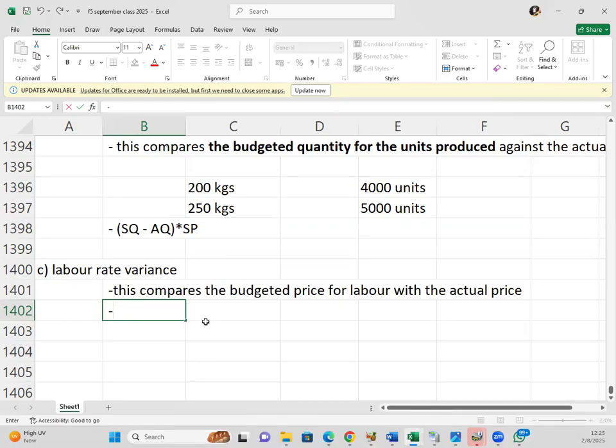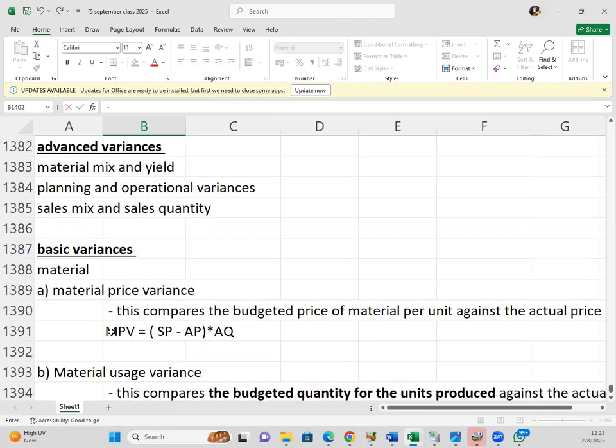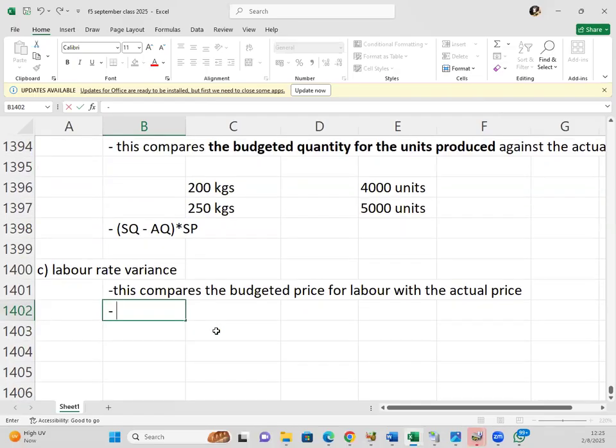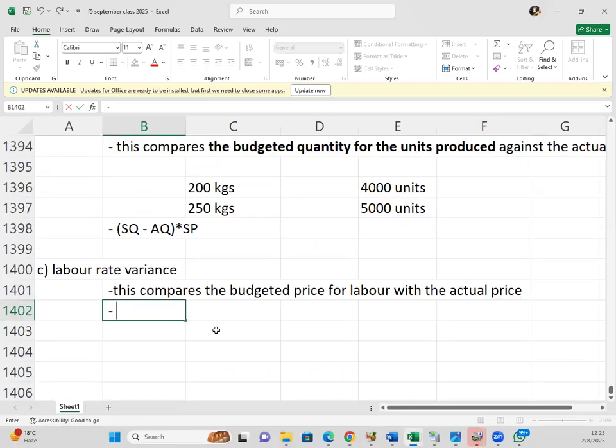So the labor rate variance compares the budgeted price for labor with the actual price. The formula is similar to the material price variance, only that we are replacing the price with the rate, the quantity with the hours. Please take note of these formulas because as we move to the advanced variances, you might need to make use of them.